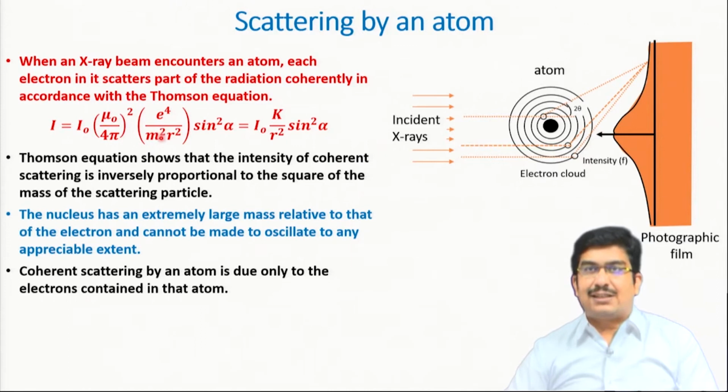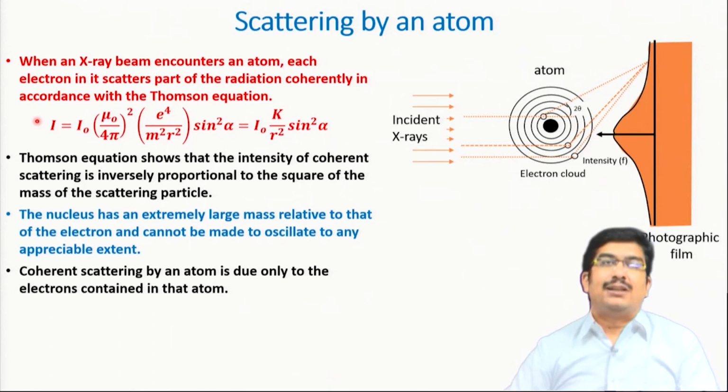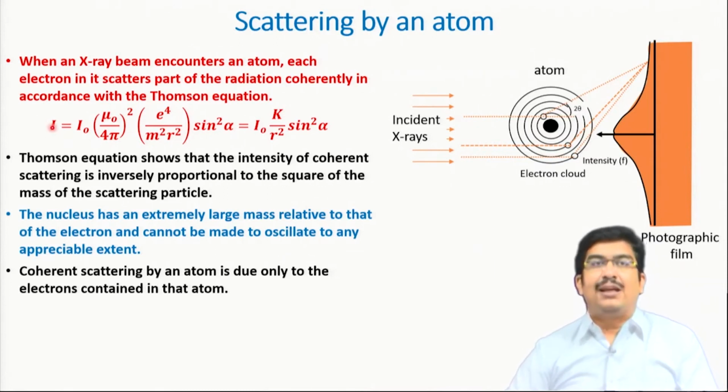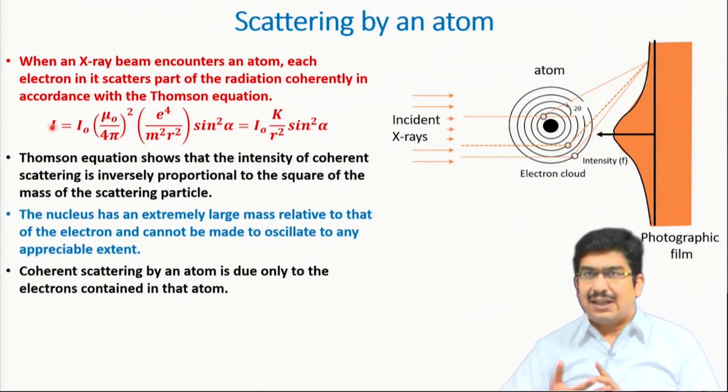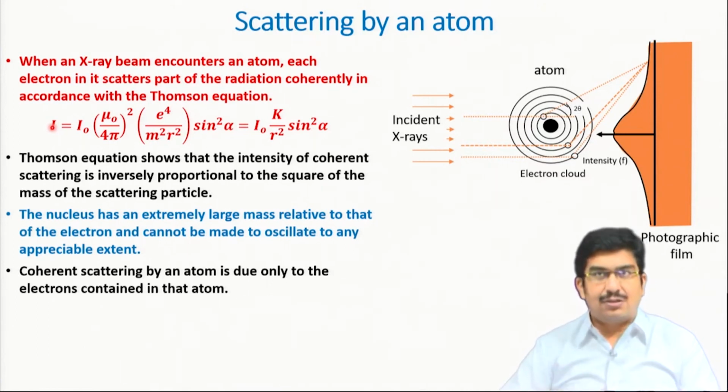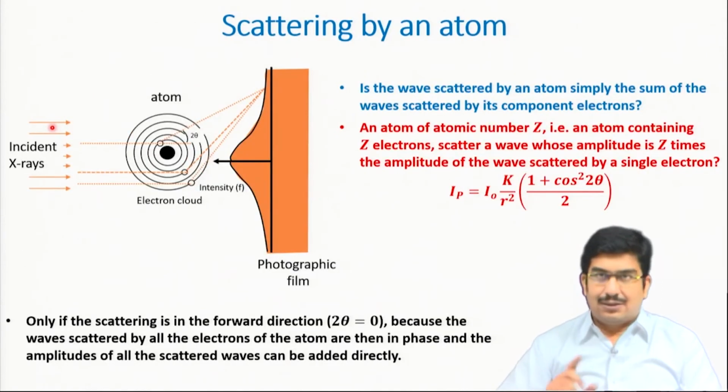The nucleus is heavy, so even if we consider that it generates some wave, the intensity of the wave will be very small. So we can safely neglect that. That is why the nucleus doesn't come into play, and all we will be considering, coherent Thomson scattering from an atom, is only due to the electrons in the atom. So we just need to consider the Thomson scattering from electrons in order to calculate the final scattered intensity from one complete atom. Okay, that is the first condition.